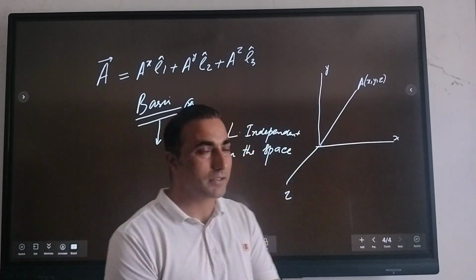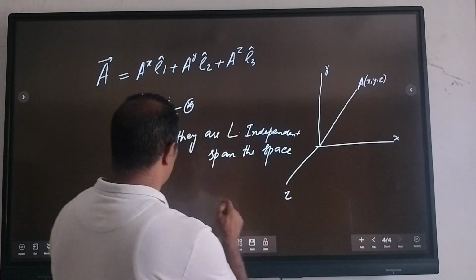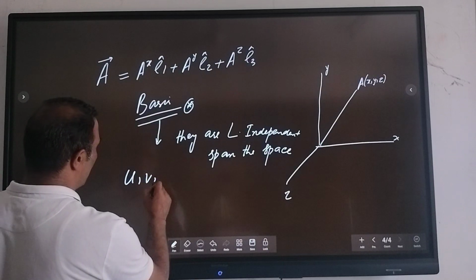So that means if we have a set of vectors, suppose we have three vectors u, v, and w.